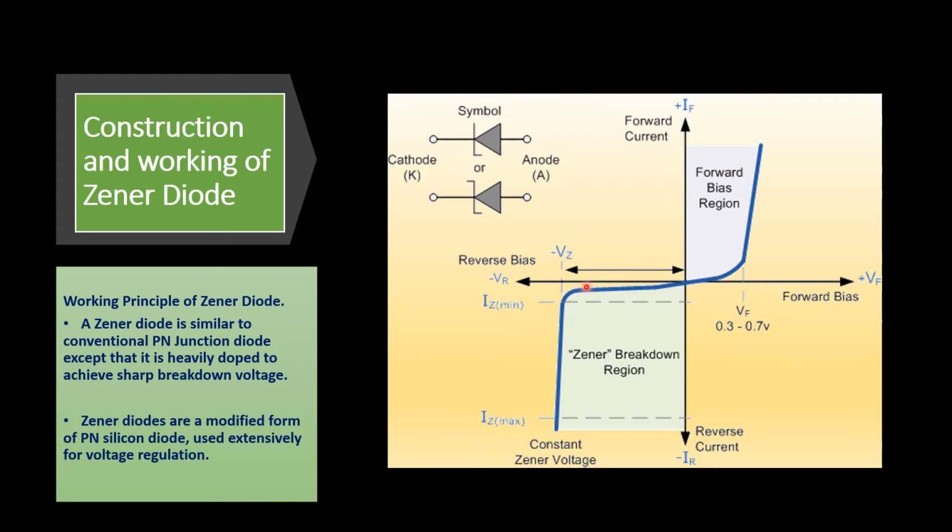After that the voltage does not increase. If you see the voltage graph, it no longer increases, it is stable at Vz only, but it allows the current. That is the reason these Zener diodes are used in voltage regulation applications.